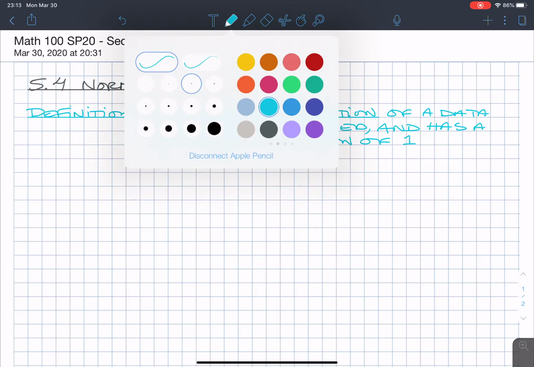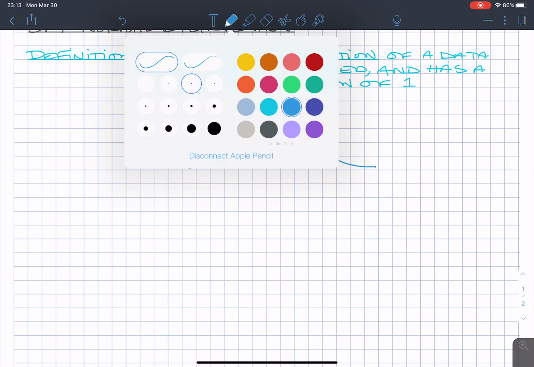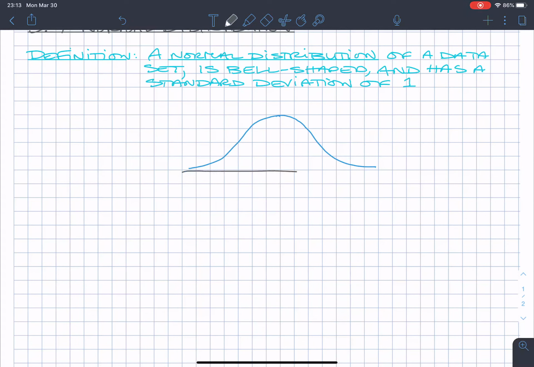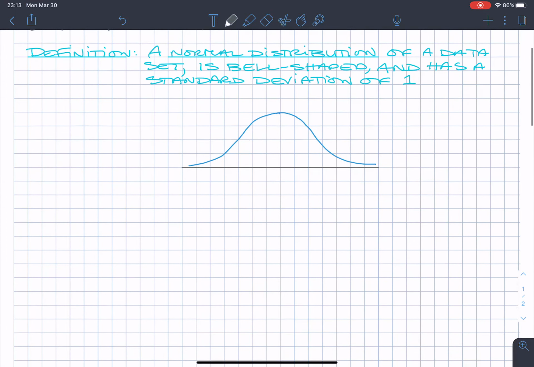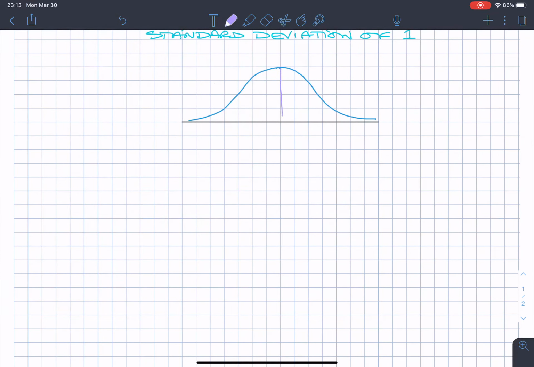Okay, so it's going to look something like, let's see if I can draw it. Something like so. So this is our bell-shaped curve, normal curve. And so basically the average, the mean, would be right in the middle.